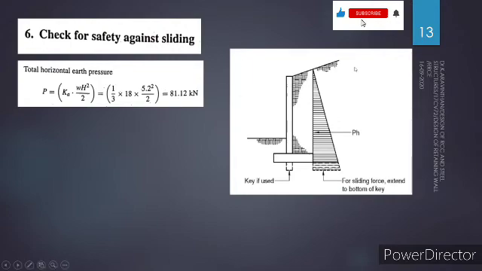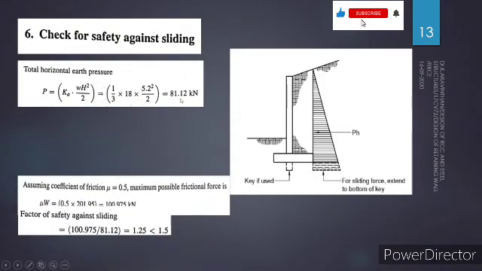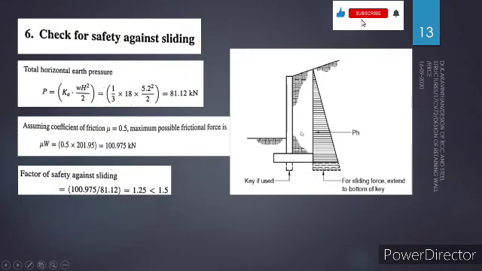We already know that the force acting from the soil, which is the active earth force, has the formula Ka into Wh square by 2. If you multiply this, you will get 81.12, which is the horizontal force acting on this structure. It tends to move the structure. The soil should have enough friction to resist this force, so let us check for that.